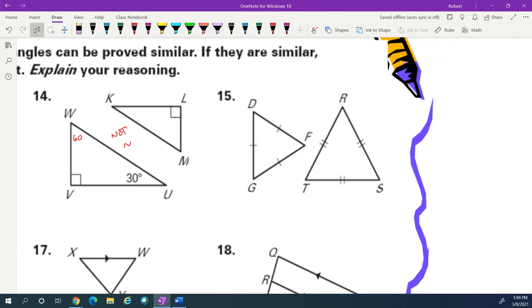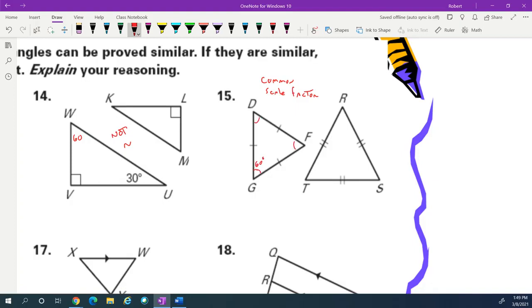In number 15, we started with an equilateral. We ended with an equilateral. So whatever was done, this is showing us that there's a common scale factor. We don't know it, but whatever was done, it was done to all three sides. We also know that since it's equilateral, it is equiangular.